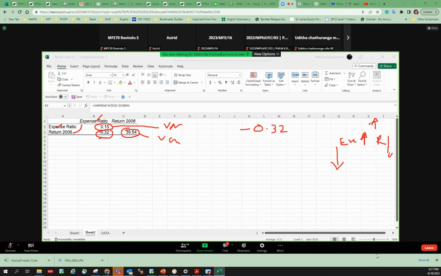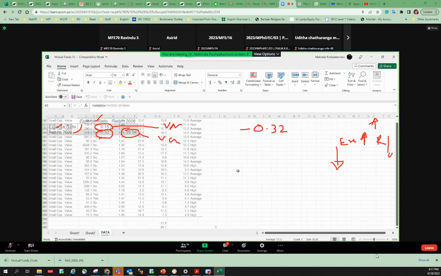You can say only there is a negative relationship. Okay. Then to identify the strength, you have to calculate the correlation coefficient.